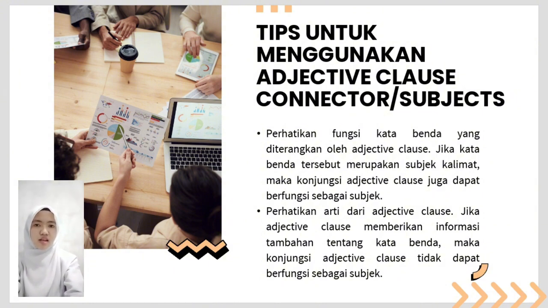Second, pay attention to the meaning of the adjective clause. If the adjective clause provides additional information about the noun, then the adjective clause conjunction cannot function as a subject.